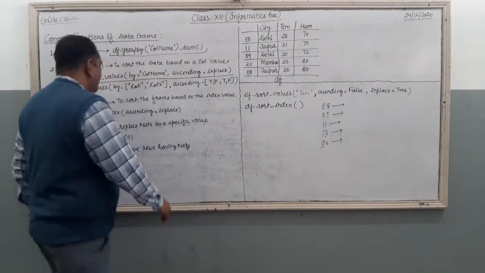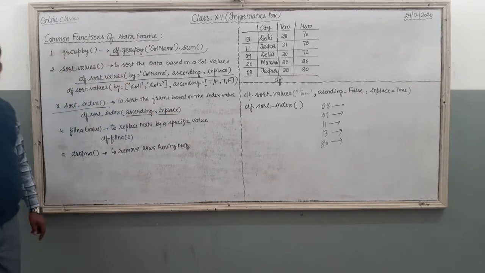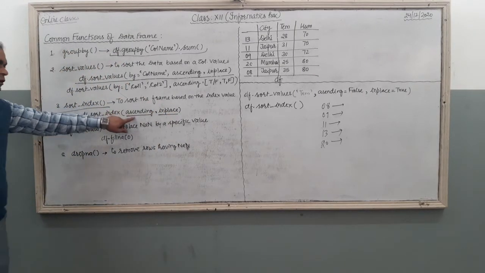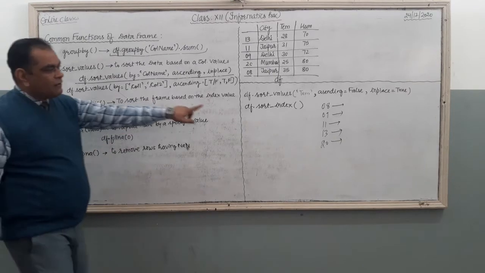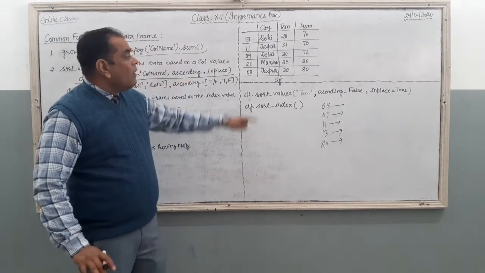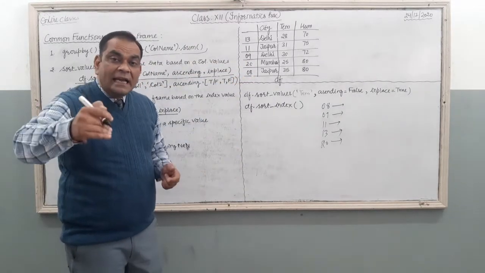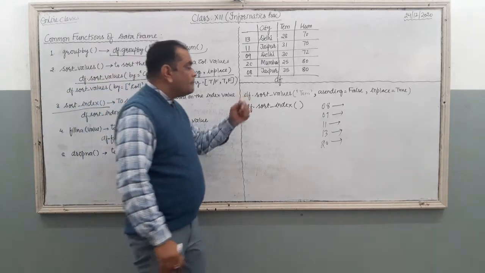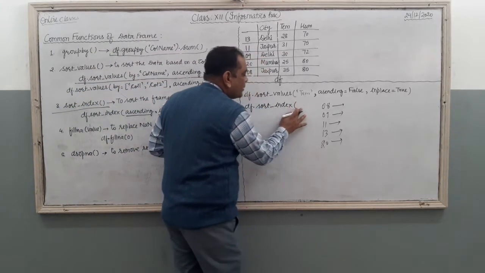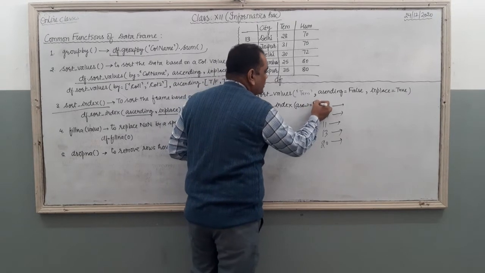Here you can use the ascending attribute and the inplace attribute also. By default, ascending is true, so your data frame is going to sort in ascending order only. If you want to sort the data frame by index names in descending order, what will you do? Now you have to remove the brackets content and put ascending equal to false over here.